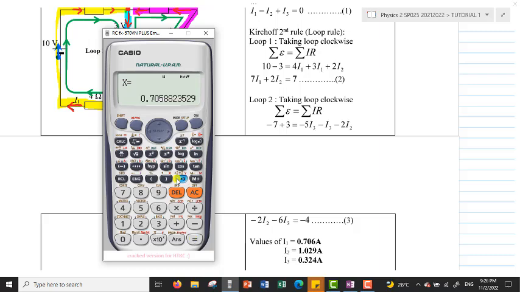So we get X, which represents I1, is 0.706 ampere. Y represents I2, 1.029 ampere. Z represents the third unknown, I3, so it's 0.324 ampere. Then we solve question 6.